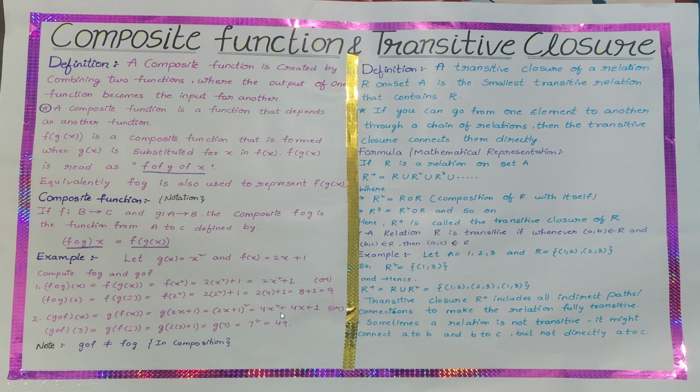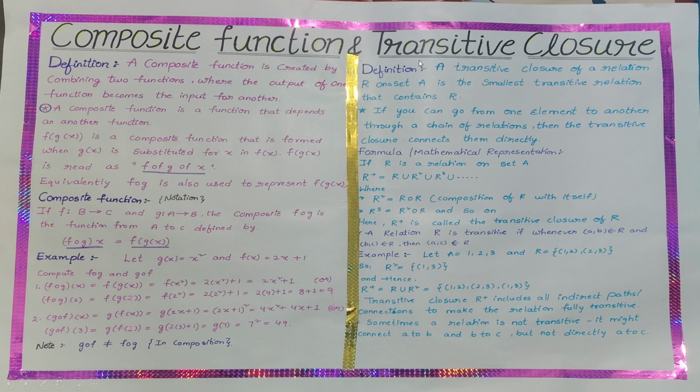That equation will become 4x square plus 4x plus 1. A plus b whole square equals a square plus b square plus 2ab. Or we can give a value directly. Answer will be 49 here. We have to remember that g of f of x is not equal to f of g of x. The both equations are not equal.